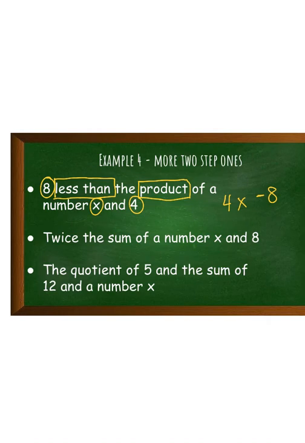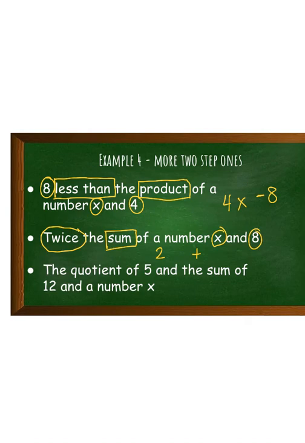Okay, all right, next one, we've got twice the sum of a number x and 8. Well, we know that sum is addition. We know that twice means 2, okay?